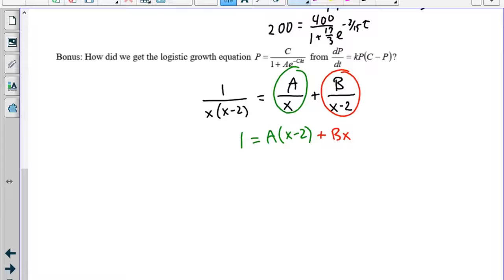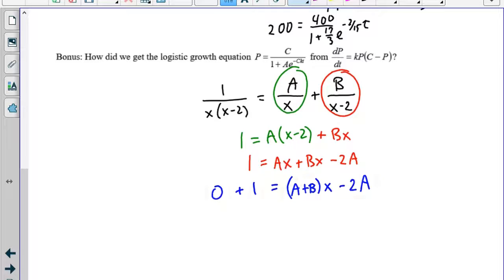So now I have ax plus bx minus 2a equals 1. Then I can figure out what is going on here: I have (a plus b)x minus 2a equals 1. Now notice that 1 is really 0x plus 1.